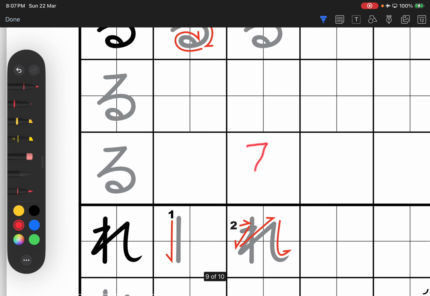It's like a 7 and then a loop and then a small loop. You might be thinking of a 3, but the top part is sharp. This part at the top is sharp. Lu, like the Lululemon.